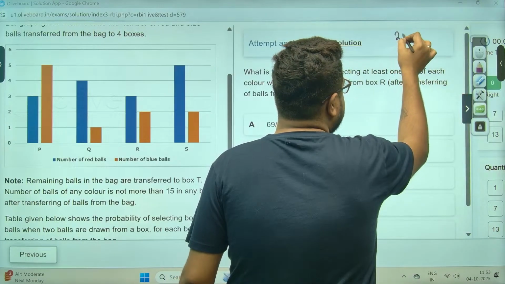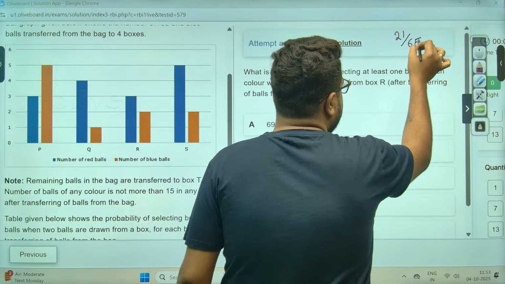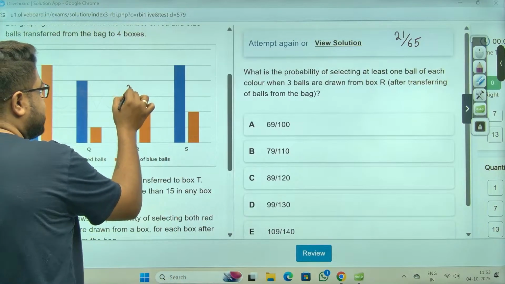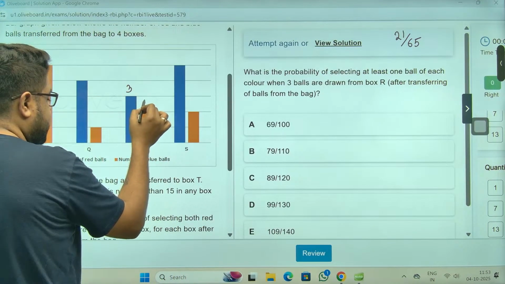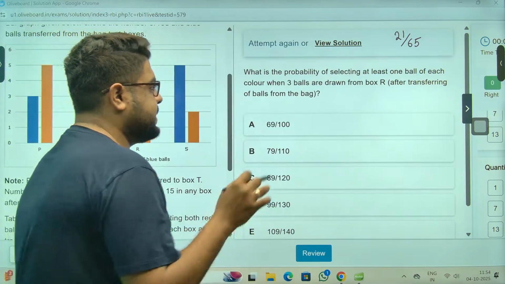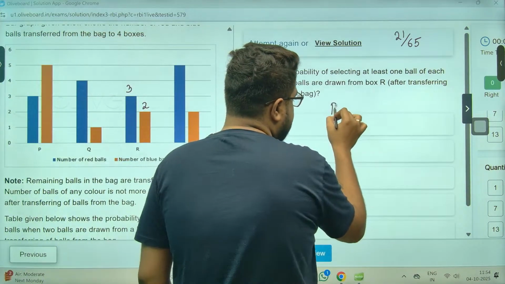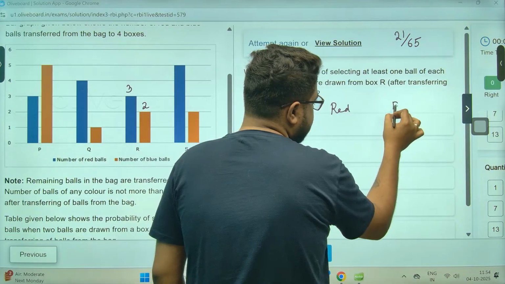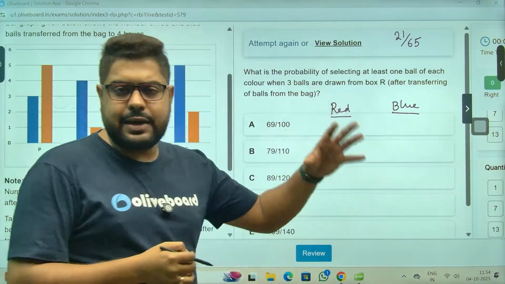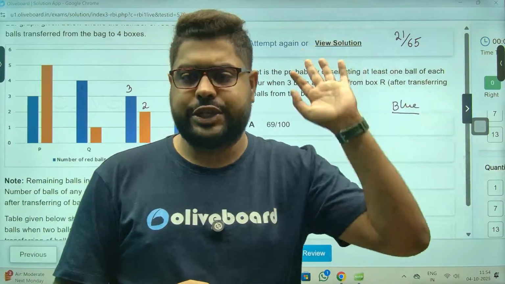I'm just writing it here. And also, the number of blue balls transferred is 2, and the number of red balls transferred is 3. Now, I don't know how many balls of red color and blue color were there initially.